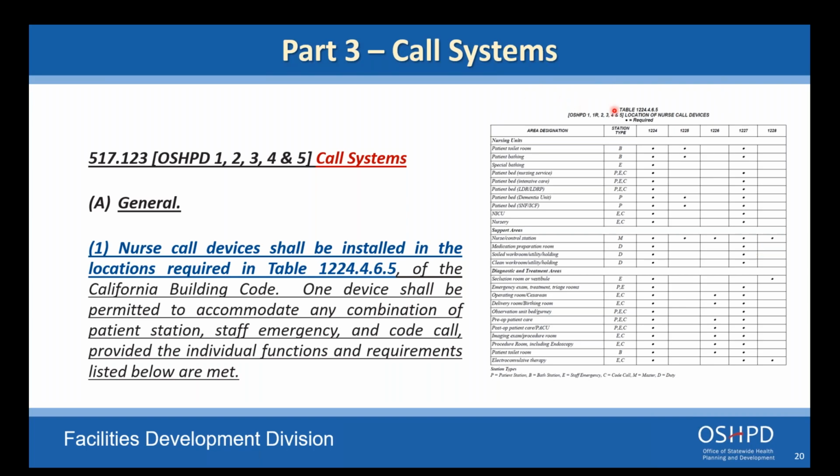This new table has been structured that it includes the hospital requirements, which is 1224 in the building code, skilled nursing facility requirements, which is 1225, clinics, which is 1226, correctional facilities, which is 1227, and acute psych, which is 1228. So again, this table's been changed. Please review it on new nurse call projects.